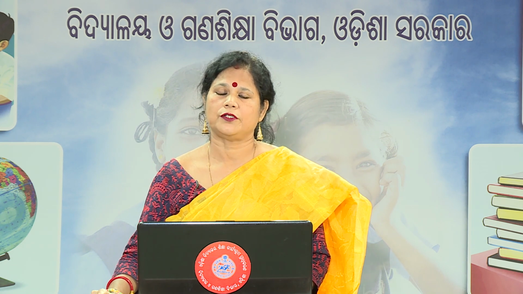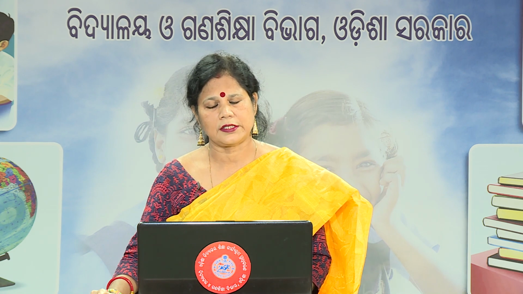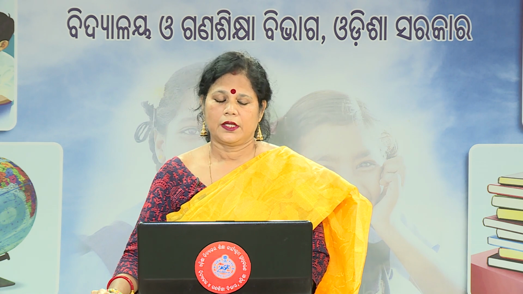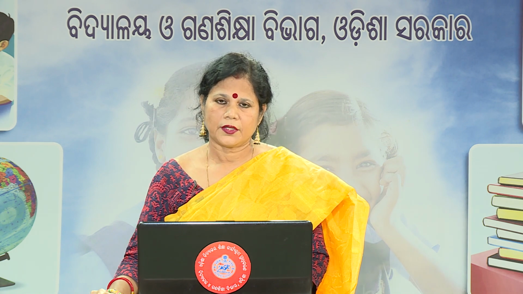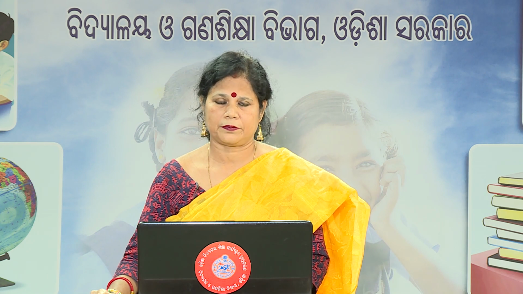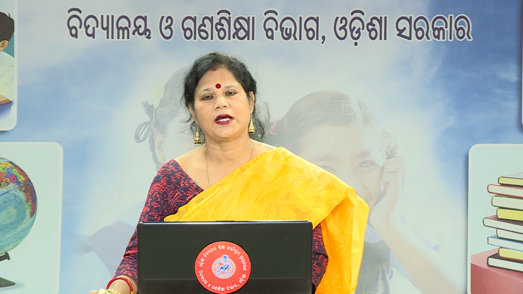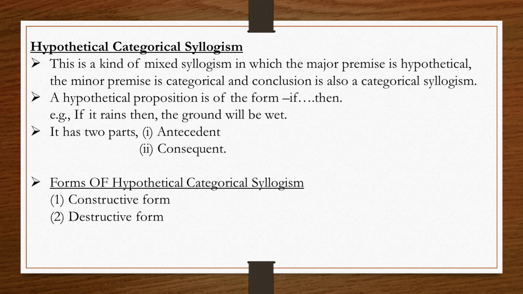Then comes your conclusion. Conclusion also is a categorical conclusion. Okay? Now, this hypothetical categorical syllogism is of two forms. One is constructive form and the second is destructive form.